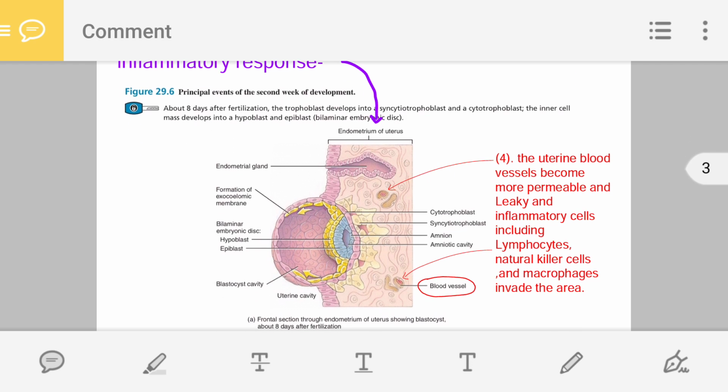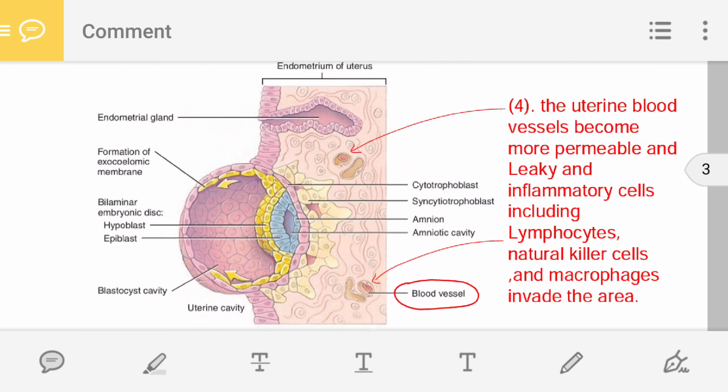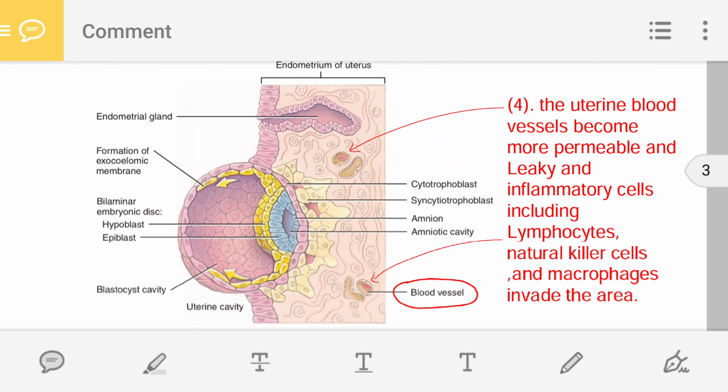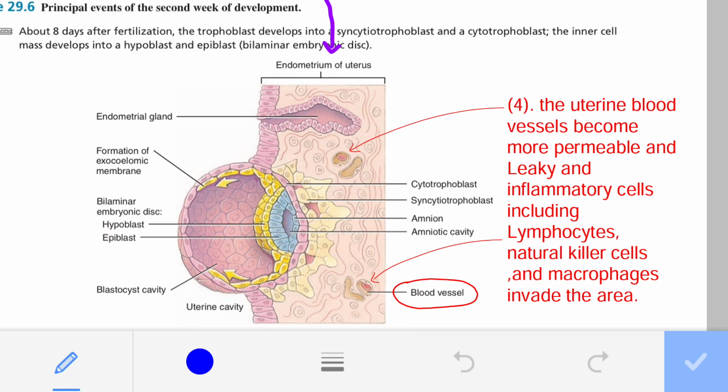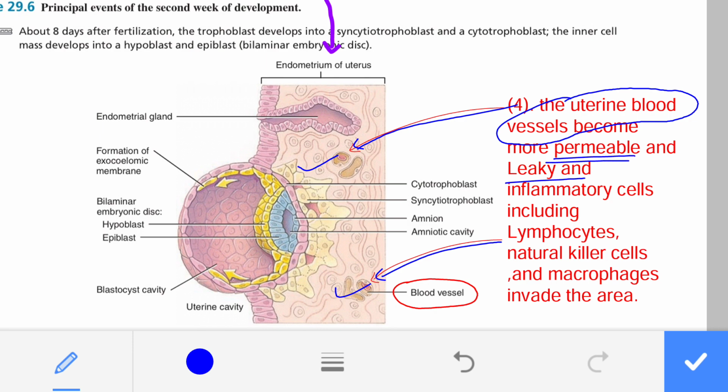Now, in the endometrium, at the time of implantation, there are uterine blood vessels. As you can see with the red arrow, I am showing these blood vessels. These blood vessels are shown in cross section, and they become more permeable and leaky. So which are the cells that leak out from this blood?